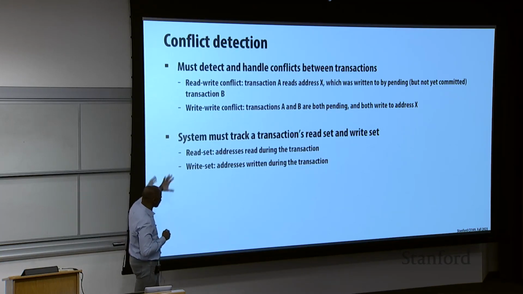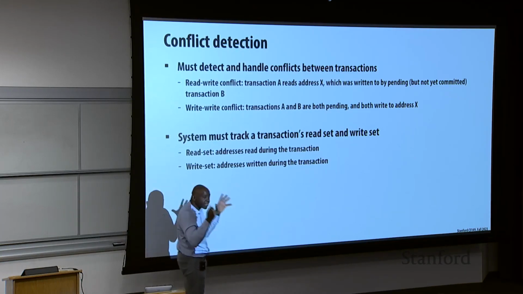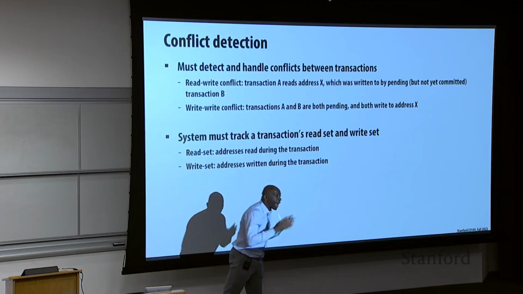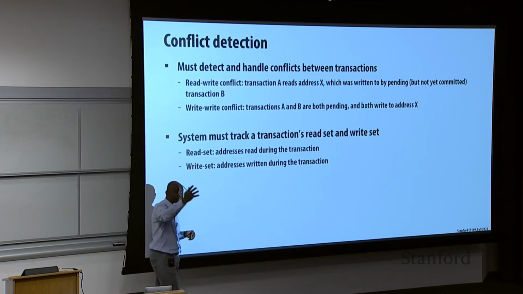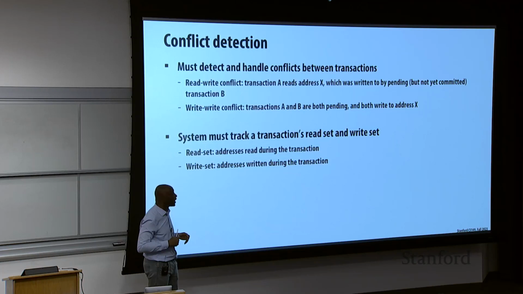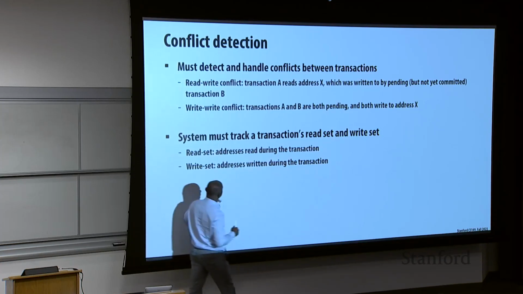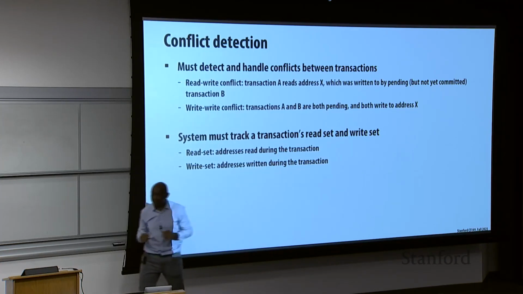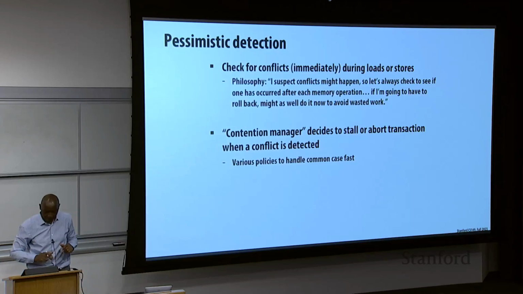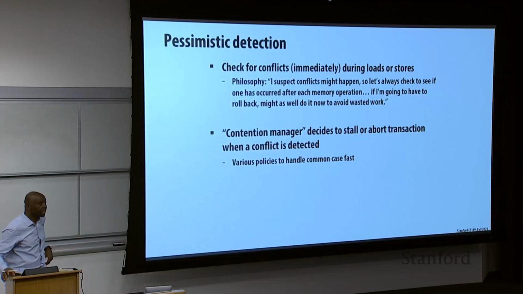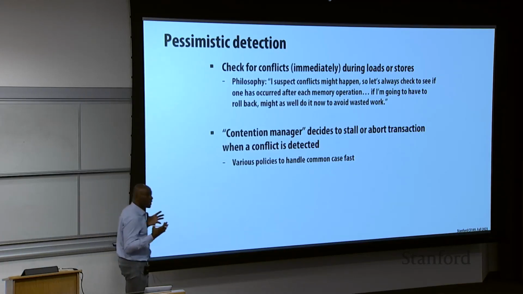We've already talked about the concept of a read set and a write set in the context of that tree example. To be explicit here, the read set is the addresses that have been read during the transaction, and the write set is the addresses that have been written during the transaction. Again, there are two schemes.